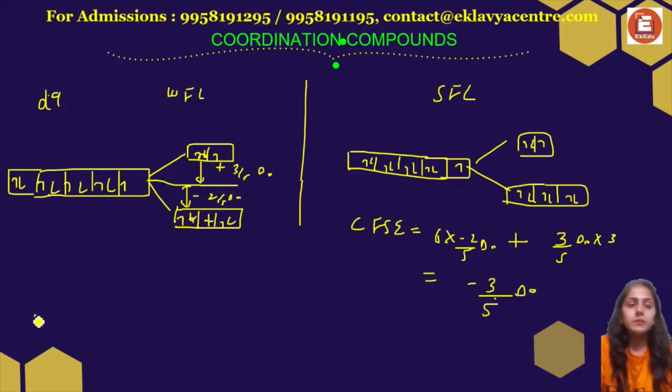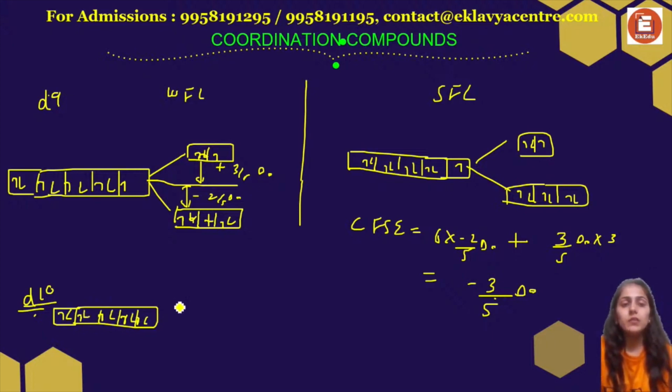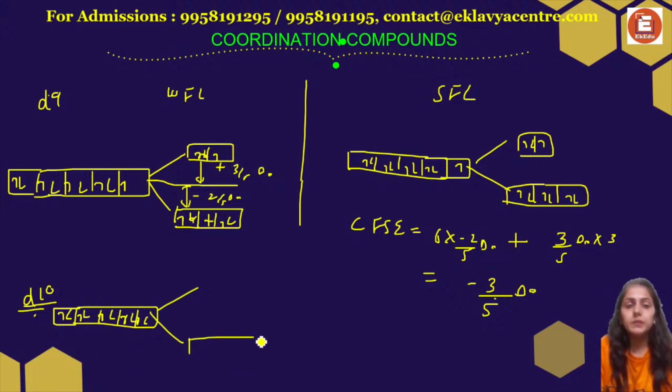Now in case of d10, whether strong field or weak field ligand, it will remain as it is, because all the d orbitals are filled, so all the t2g and eg orbitals will be fully filled. So we have t2g 1, 2, 3, 4, 5, 6 and eg 1, 2, 3, 4.